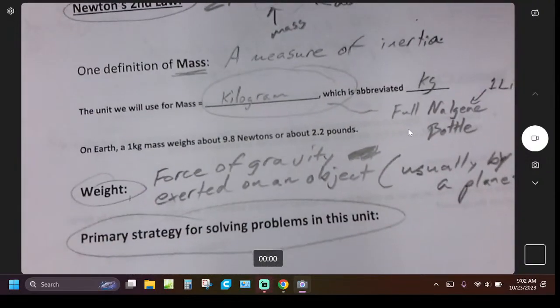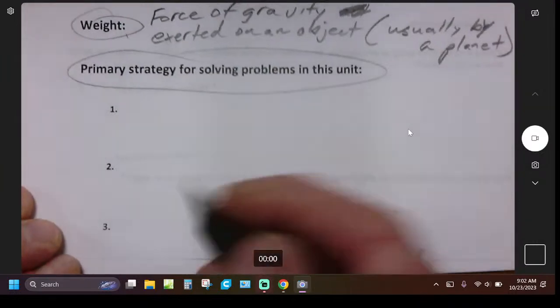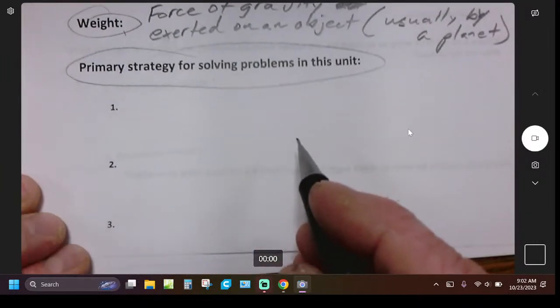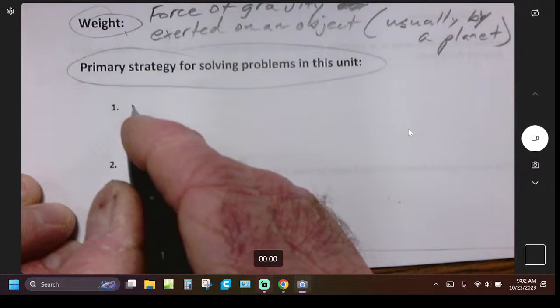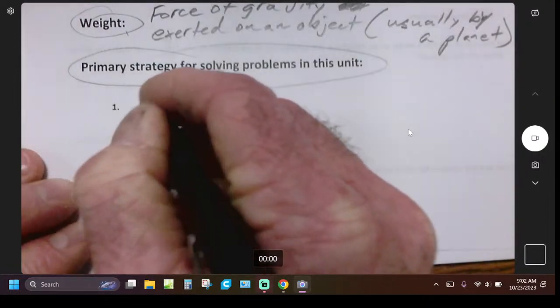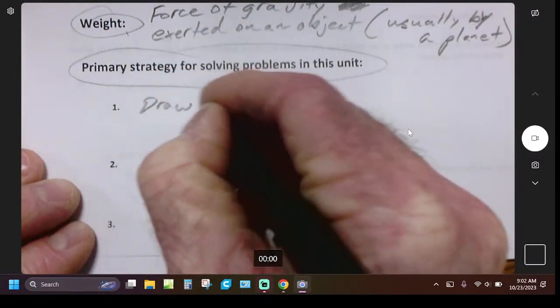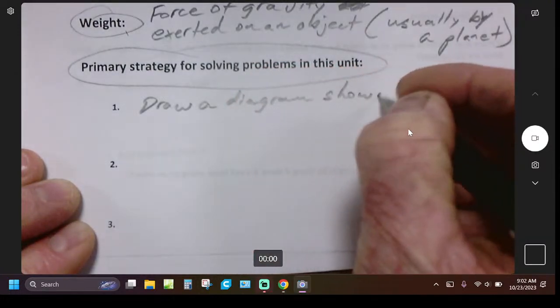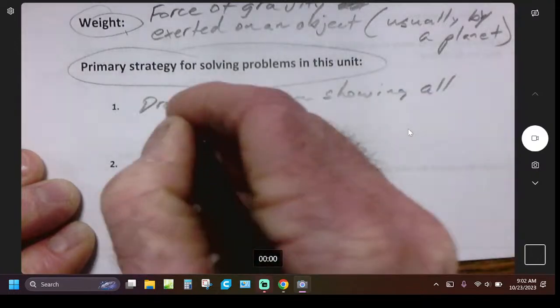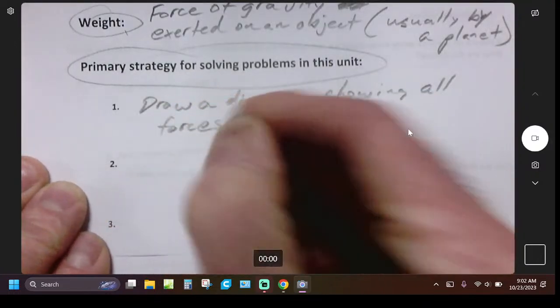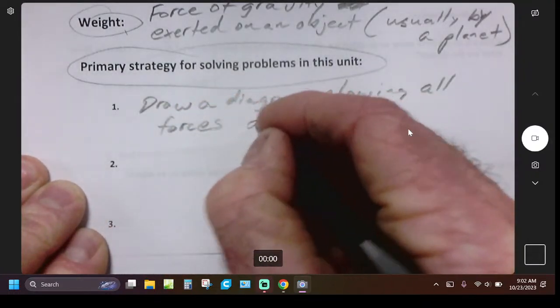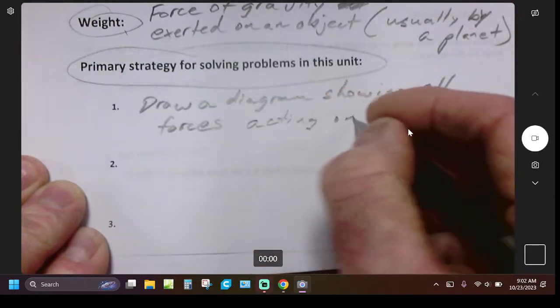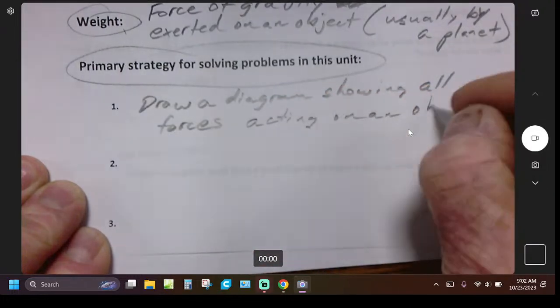So the problem solving strategy. I kind of want to add it as a next step, but I'll just add it as the first step. The first is draw a diagram showing all of the forces acting on an object.